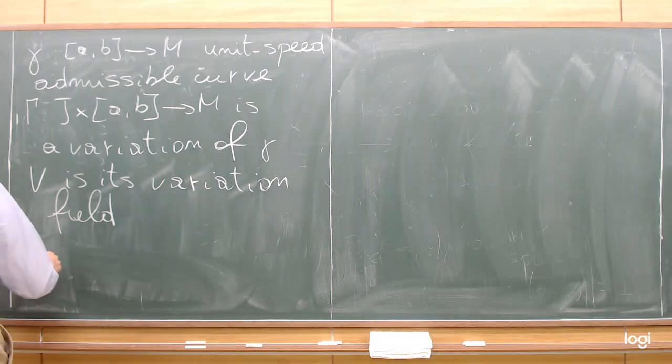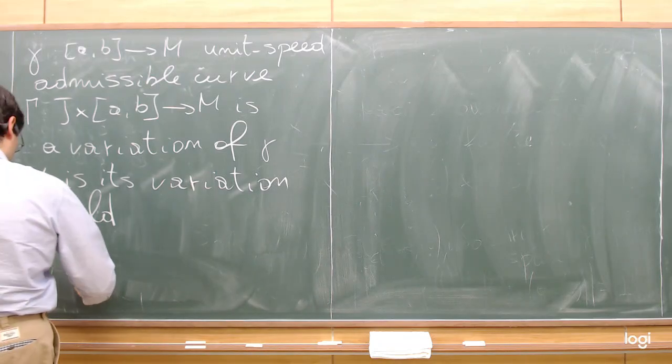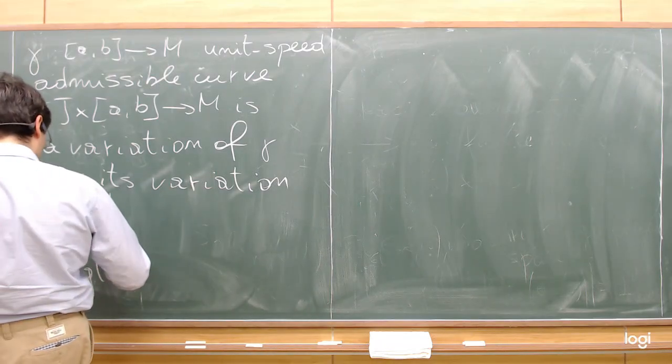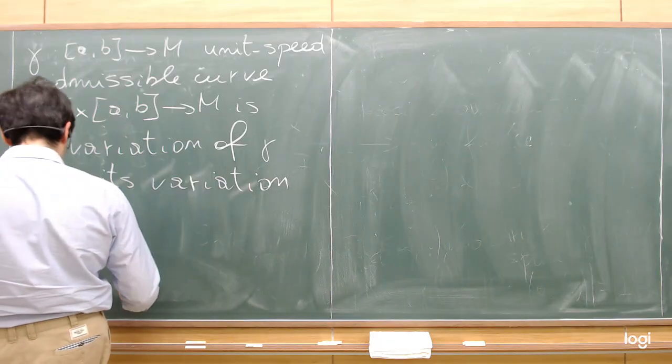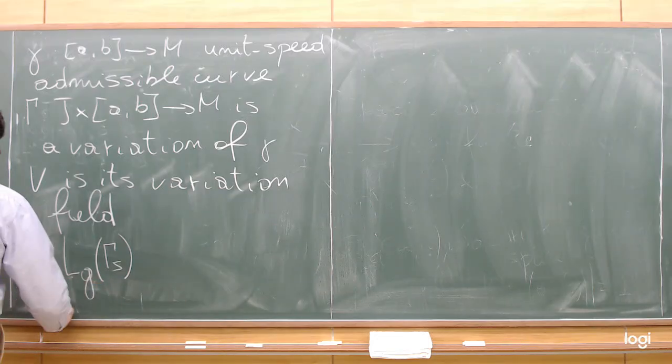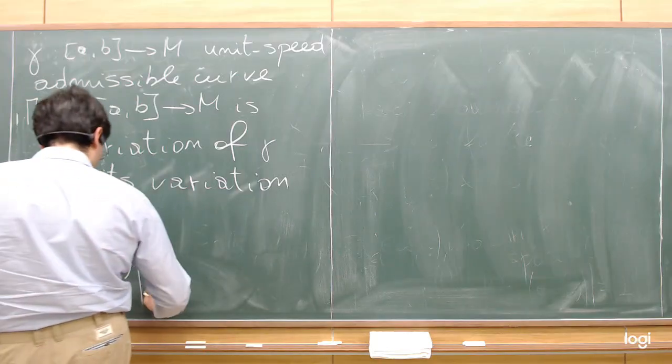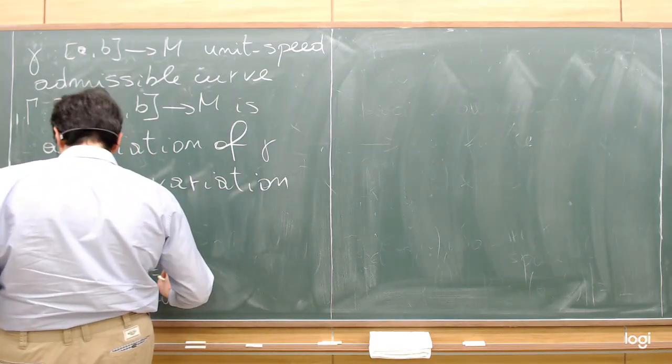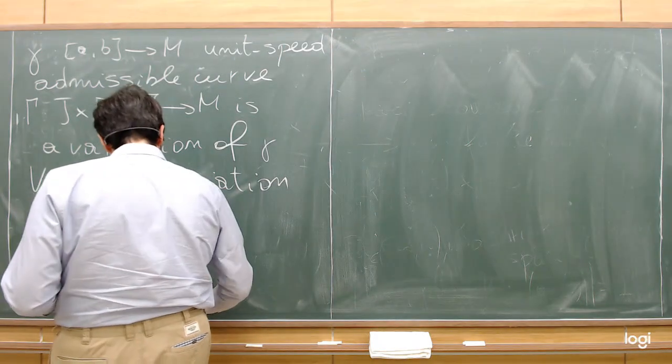Then we have that the length of gamma s is a smooth function of s, and its derivative at s equals 0 is given by this formula.